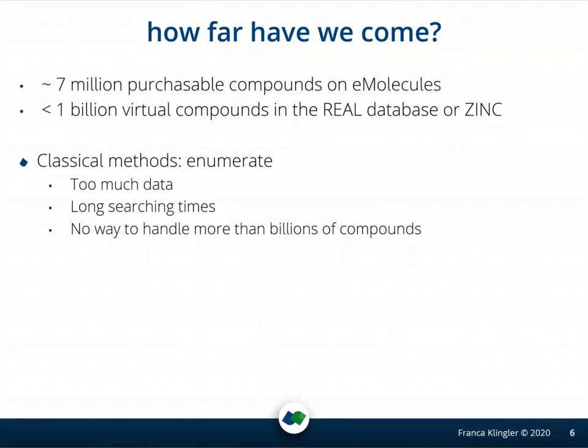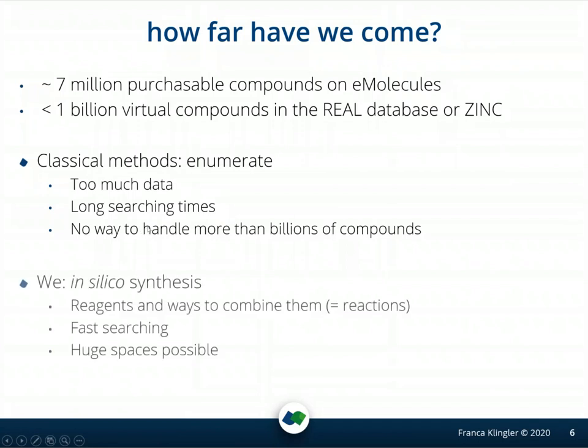So a really long list of molecules and order numbers. A really long list means, of course, lots of data, and when you want to search in them, it takes quite a long time. With current computer powers, there's just no good way of handling more than 1 billion compounds with these classical approaches.